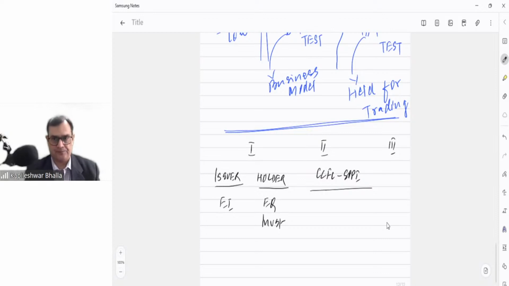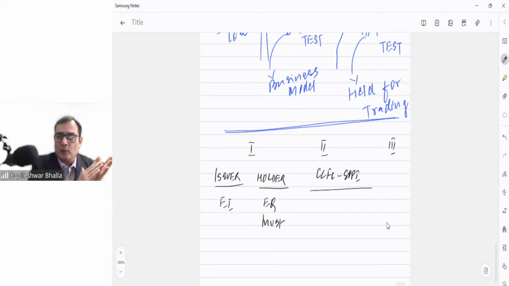I repeat. For equity instruments, he has got no contractual obligation to pay principal and no contractual obligation to pay interest. There is always an avoidable obligation. He doesn't have any unavoidable obligation to pay.